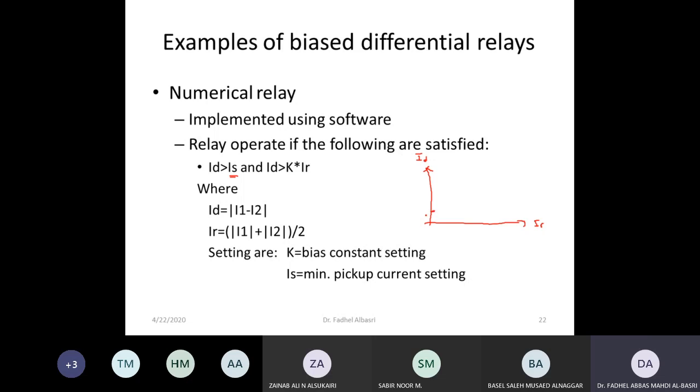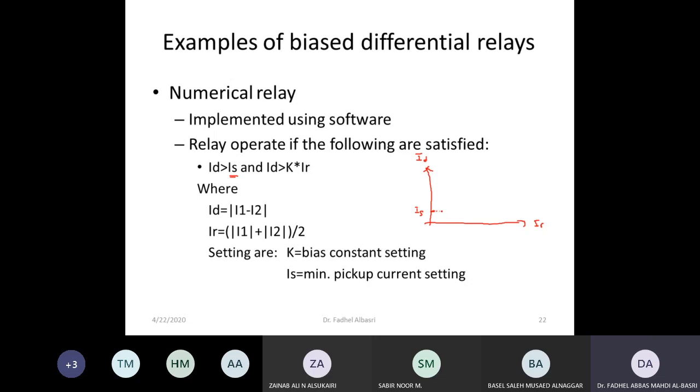Like in a transformer, or in a transmission line, the sending and receiving end currents are not equal. There is a charging current in the shunt capacitance. So we have to have a setting higher than 0 with a percentage. So we choose this as IS, the minimum pickup setting.